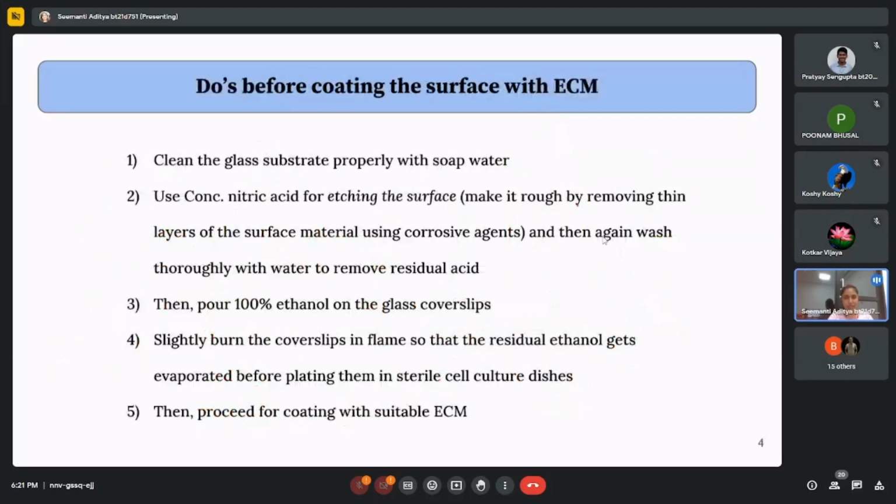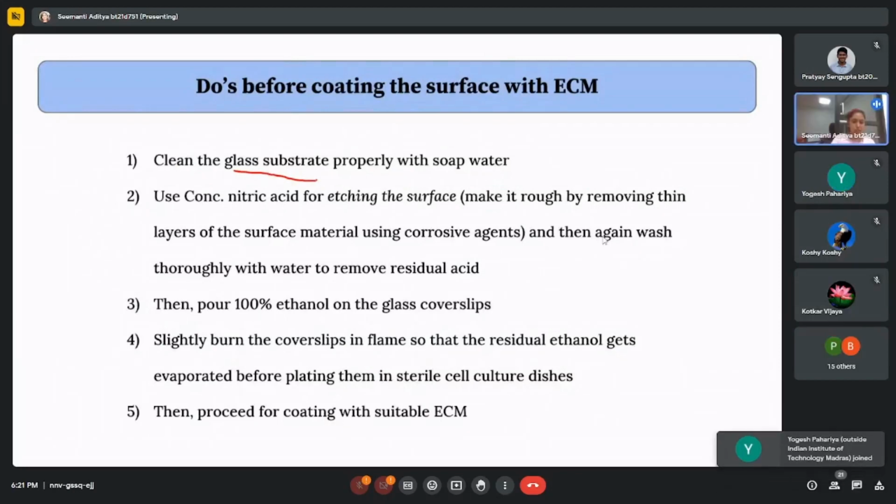Next, what he had discussed about cleaning the glass substrate properly, and what we should do before proceeding with coating the surface with extracellular matrix, is we clean the glass substrate, or the substrate which we want to coat with ECM. We have to clean it properly.